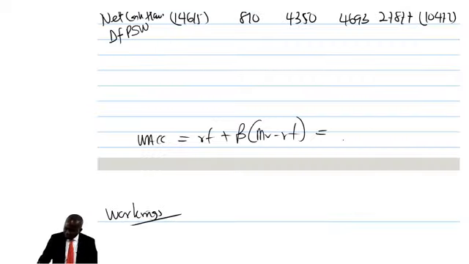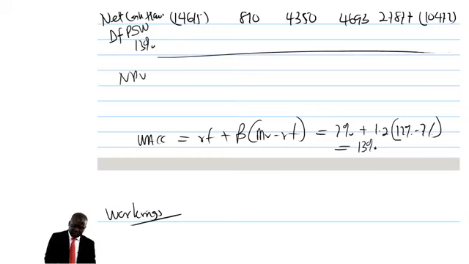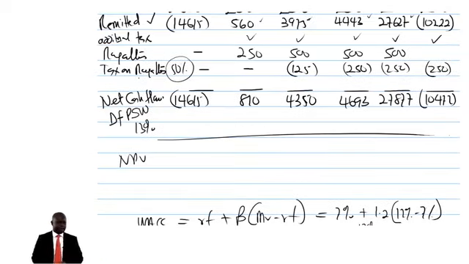So I am going to say 7% plus the beta of 1.2 times 12% minus 7%. The cost of capital is 1.2 times (12 minus 7), plus 7, which gives about 13%. And when I get 13%, you discount, and everybody should be able to do that to calculate the NPV. That's it.